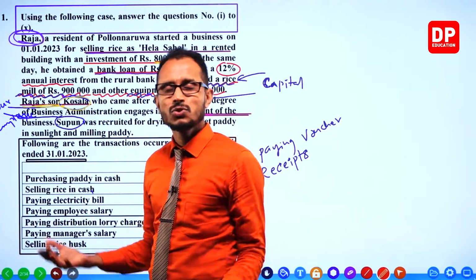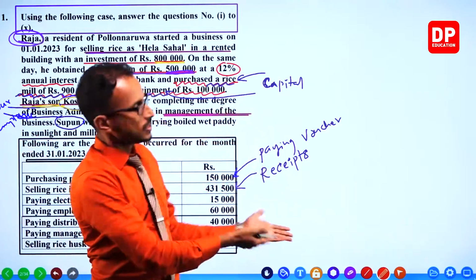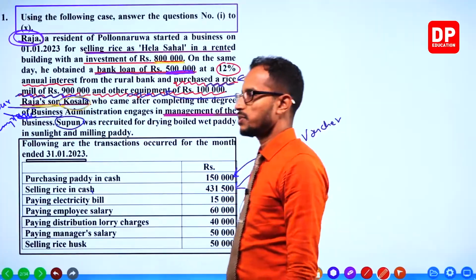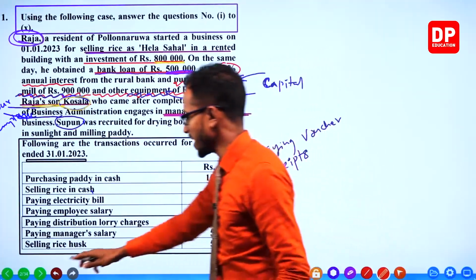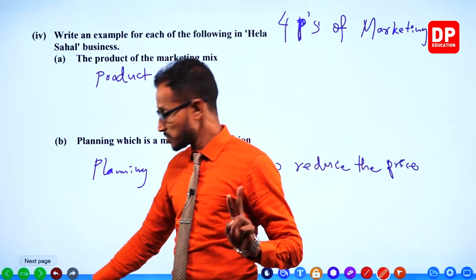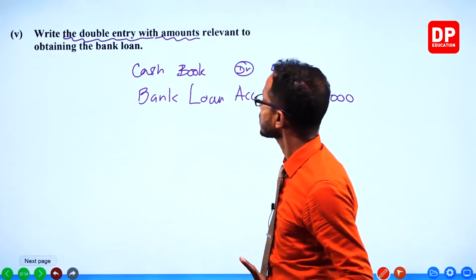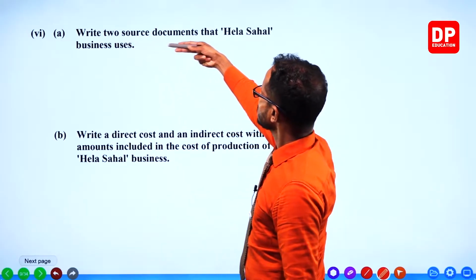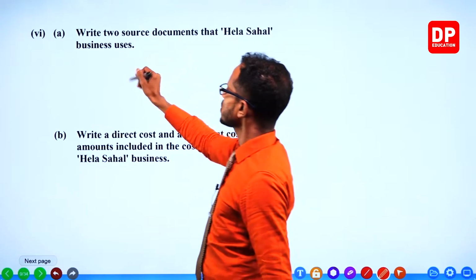So you already have it there: 2 source documents, just right there. No need to study the entire case. You need 2 source documents, right? Right, 2 source documents. That's Hela Sahal business.